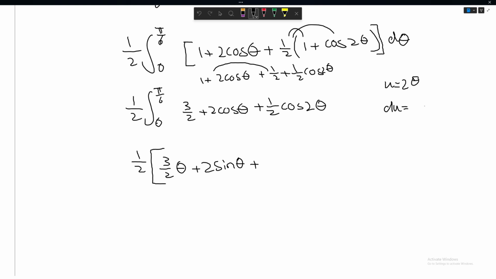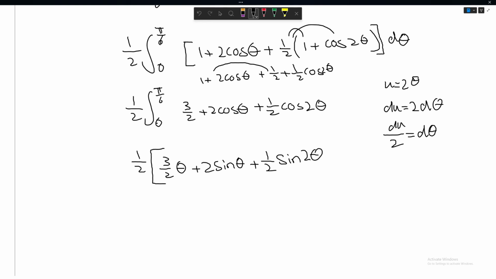The derivative will be 2 d theta, and so my du will equal, right? And so when I sub this in, I'll get cos in terms of u, and then when I integrate that, just 1 over 2 sine u, which is 2 theta, right?